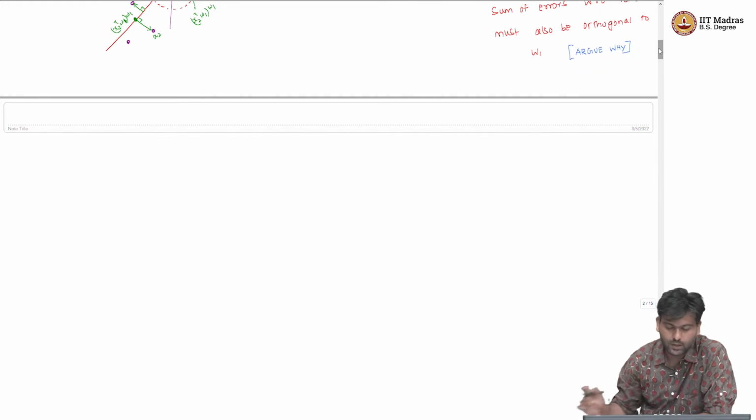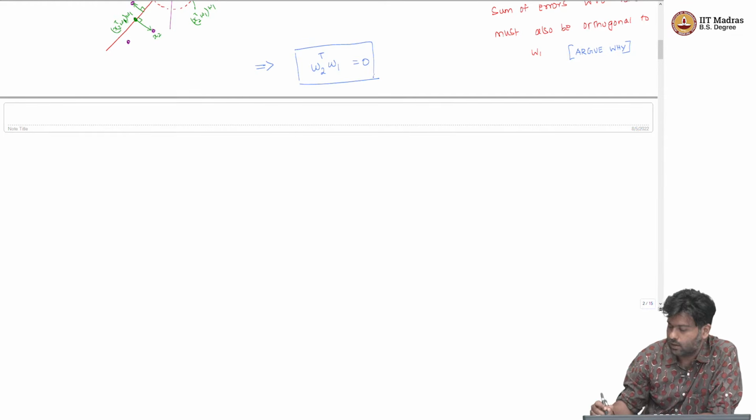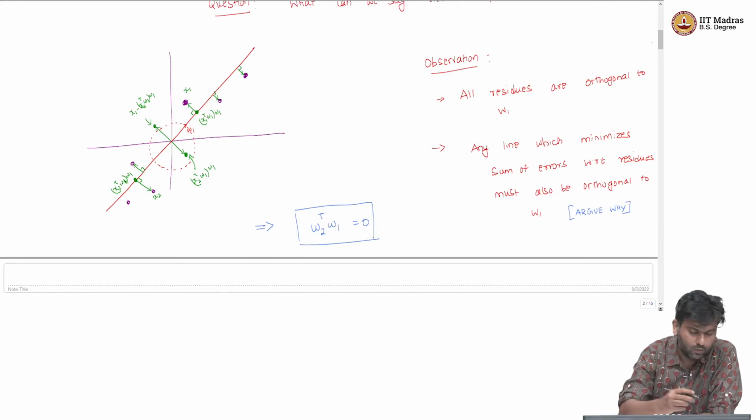So, what are we essentially saying, right. The implication, the conclusion, is that W2 transpose W1 is 0, right. That is what it means to say that W2 is orthogonal to W1, which means my W2 is actually going to be just this vector, well not that vector, it has to be by our definition unit length.